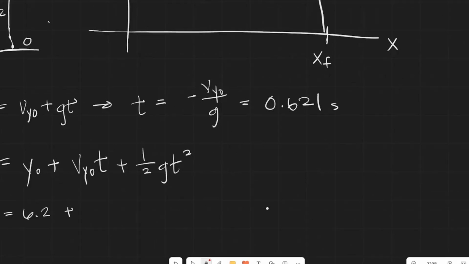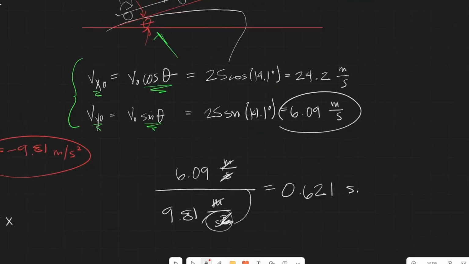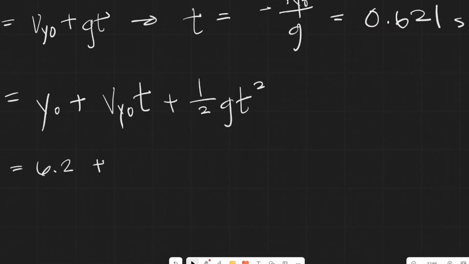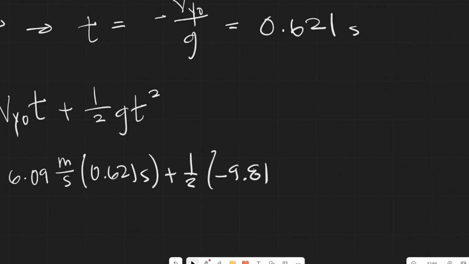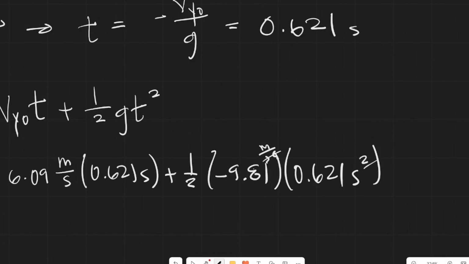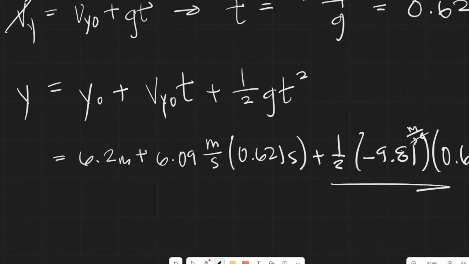We know Vy naught, which we calculated right here at 6.09 meters per second. Let's write our units. Our time, 0.621 seconds, plus 1/2 times negative 9.81 times 0.621 seconds squared. This is meters per second squared. So those units cancel. We end up getting meters for that term here. And then also the seconds cancel here, and we get meters for this term as well.